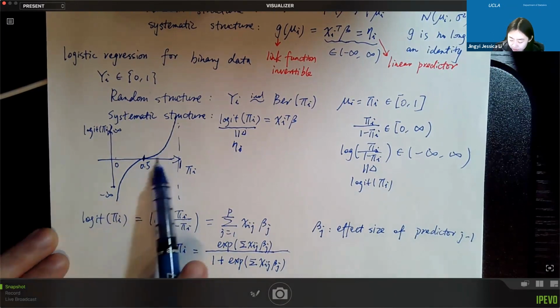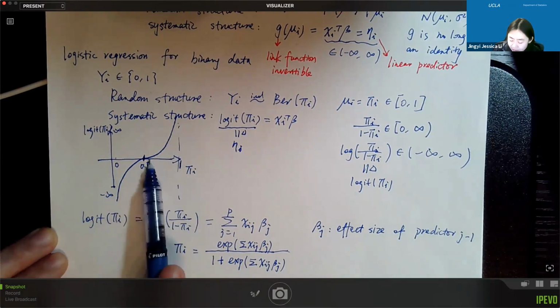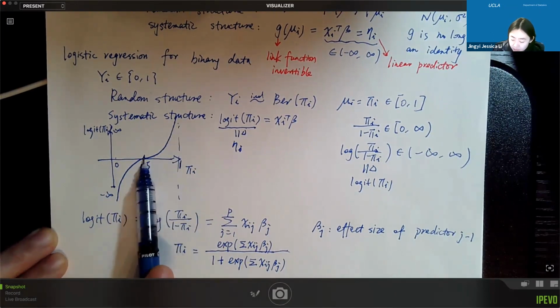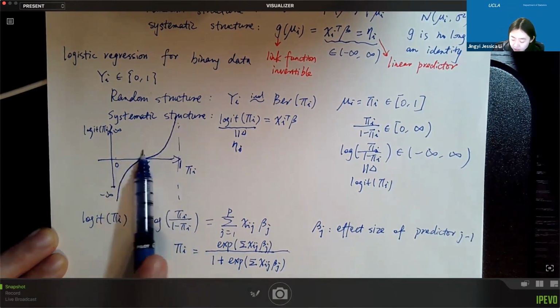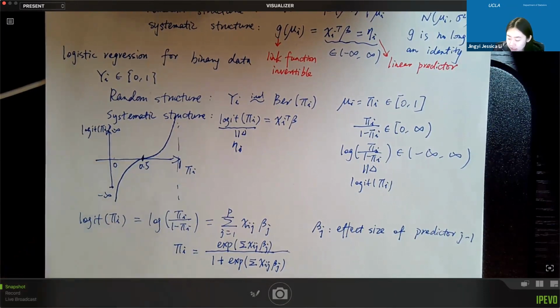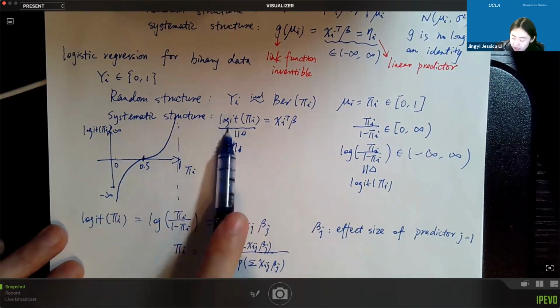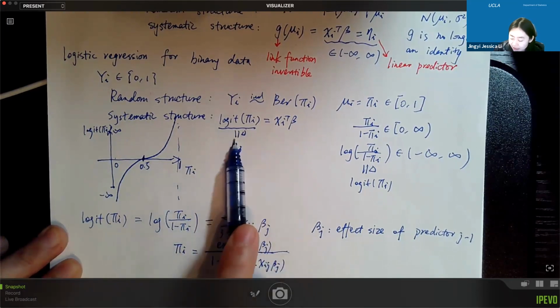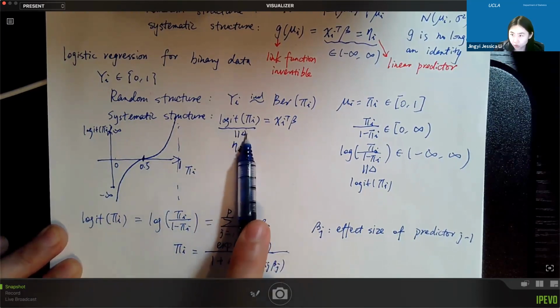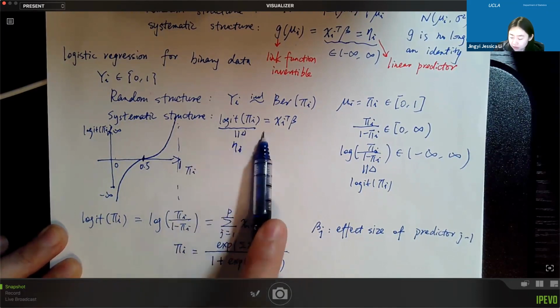And this logit function takes this form. When pi i is getting close to 1, it goes up to infinity. When pi i is going down to 0, it goes down to negative infinity. So by doing this transformation, both sides of this systematic structure have the range of the real line, from negative infinity to positive infinity.